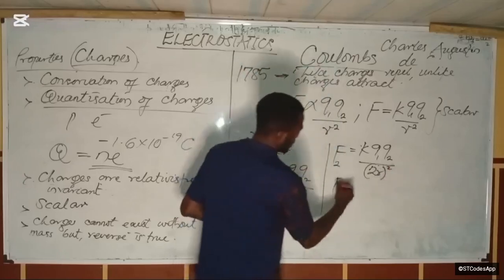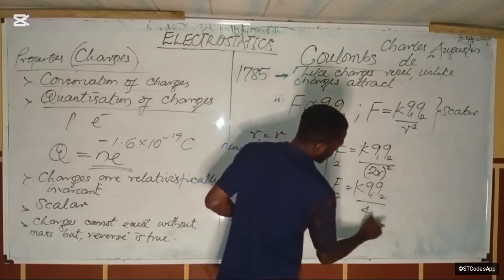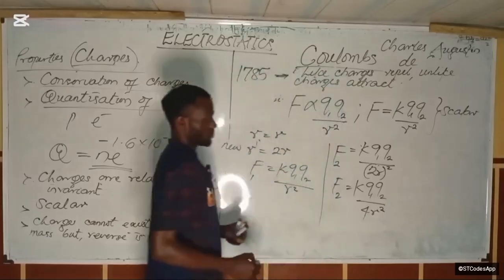So this was the initial, this is the second F. By that we have F2 equal to KQ1Q2 over 4R squared.